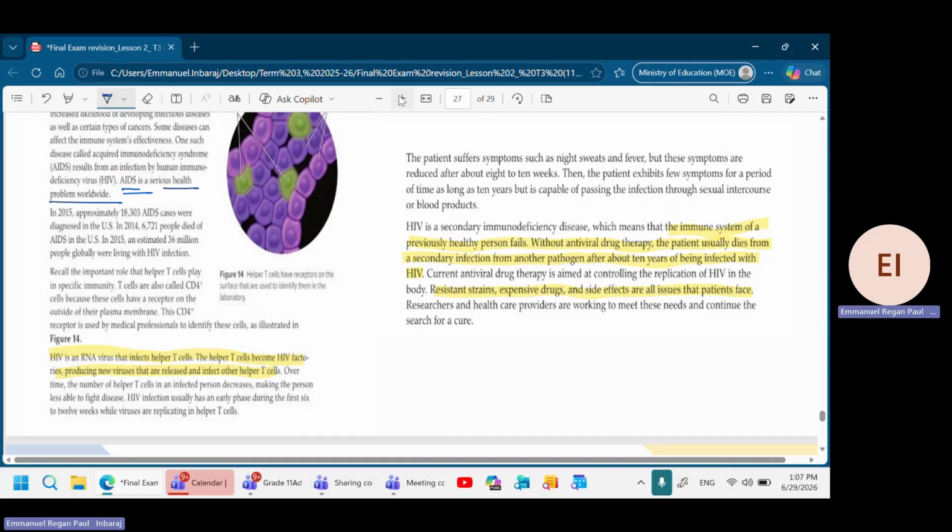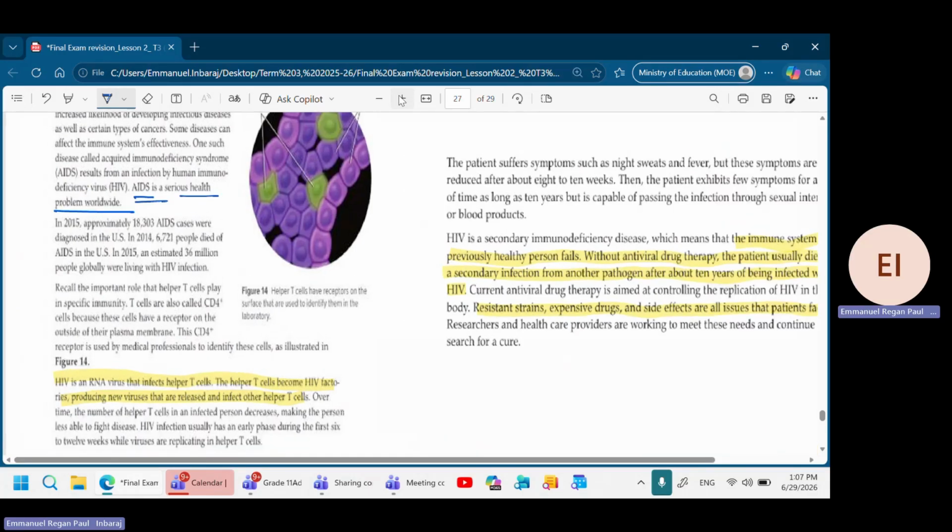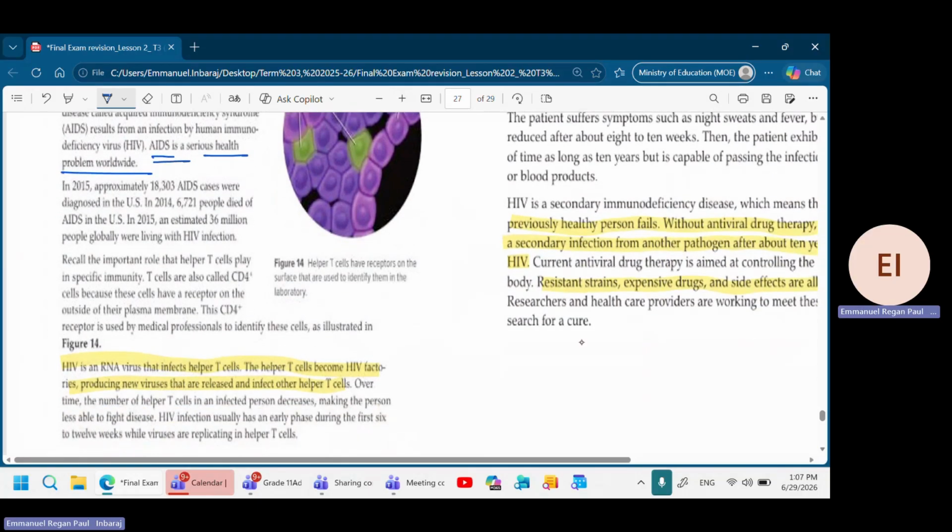This HIV is an RNA virus. What it does is it will infect the helper T cells. It will go and destroy or infect the helper T cells. So the helper T cells become HIV factories, producing new viruses that are released and infect other helper T cells. So this is the problem.